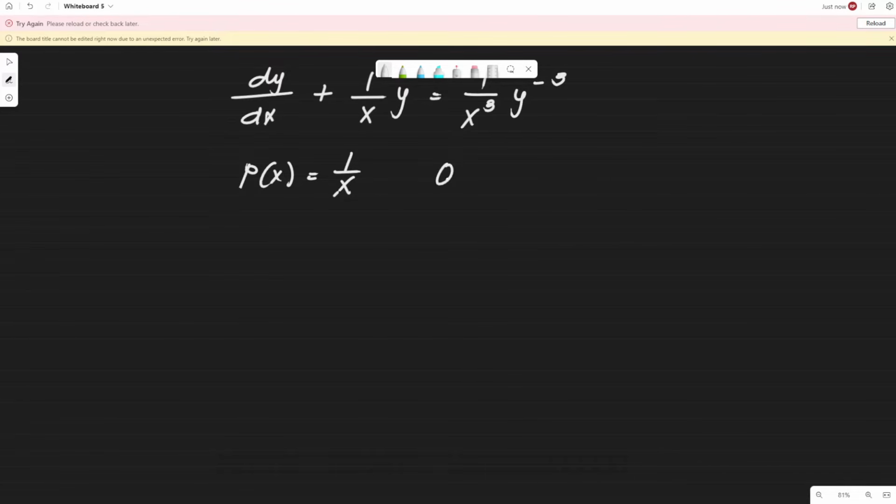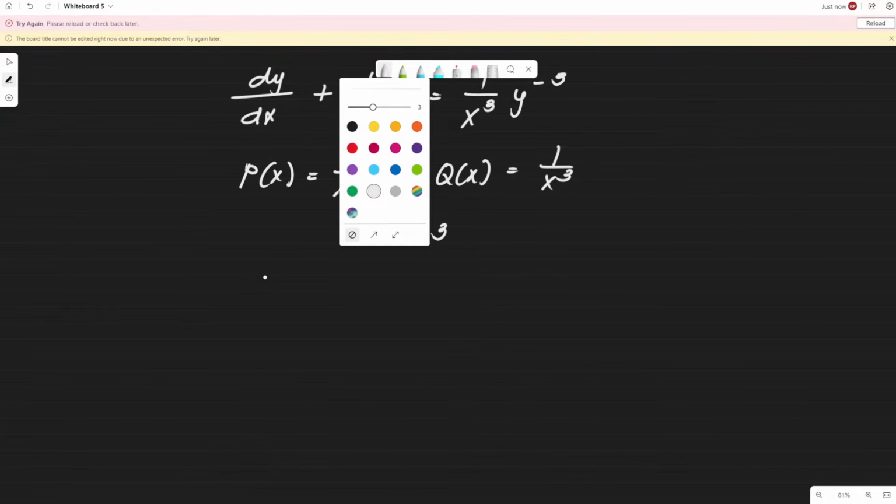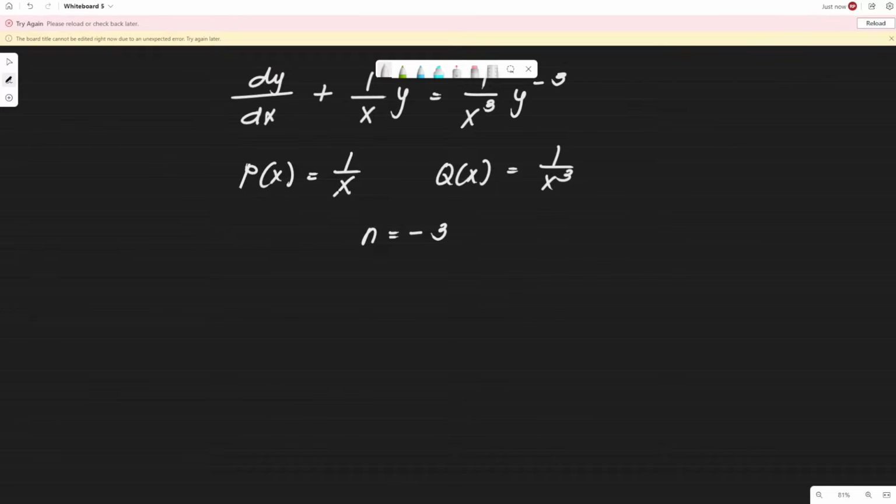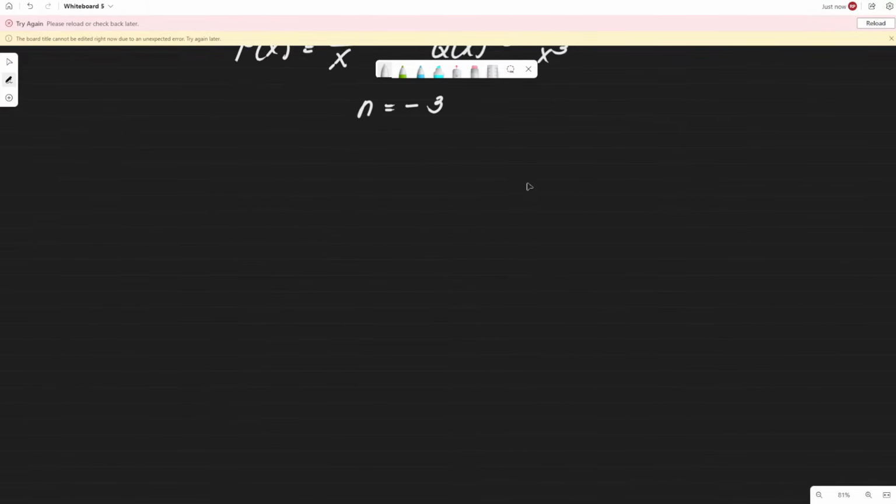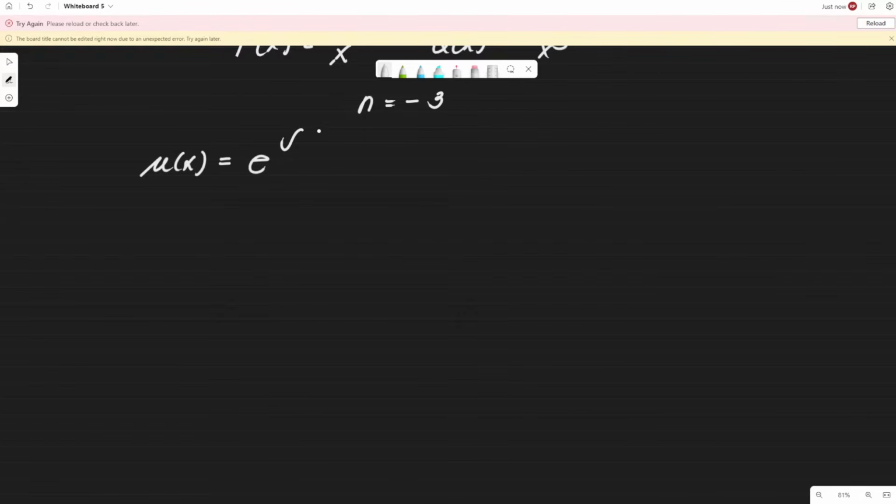Our q of x is 1 over x cubed, and our n is negative 3. So therefore, we can have mu of x is equal to e raised to negative 1 minus negative 3.